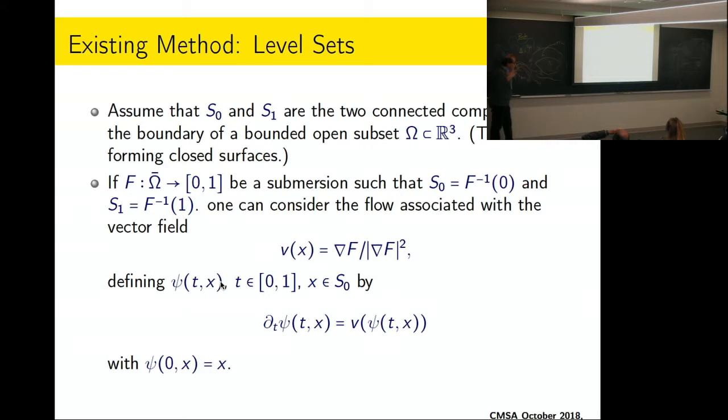You assume that this function is such that its level lines are submanifolds, or surfaces in R3, which requires this kind of assumption, and you assume that the zero level line is at 0 and the one level line is 1.